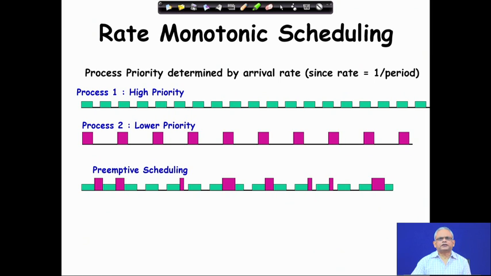And the essence of this scheduler is that the higher priority task will preempt any lower priority task and start running on its arrival. So, let us look at the actual execution, whether that is happening.